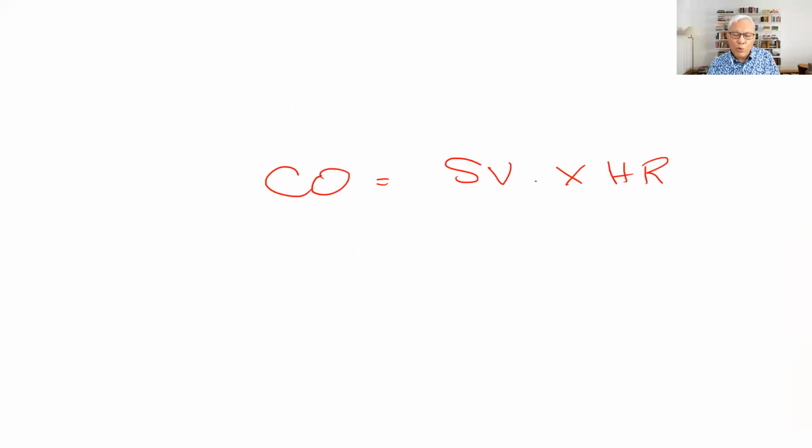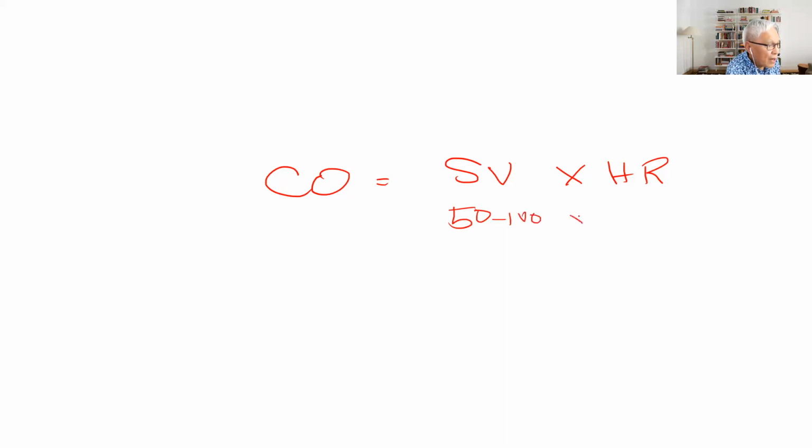What is stroke volume? Stroke volume is the volume of blood pumped from the heart with each ventricular contraction, the volume of blood ejected with each heartbeat. The normal stroke volume is anywhere from 50 to 100 mLs.